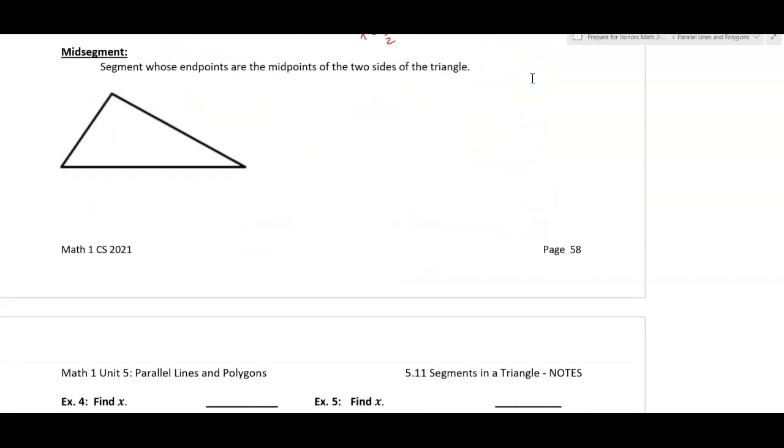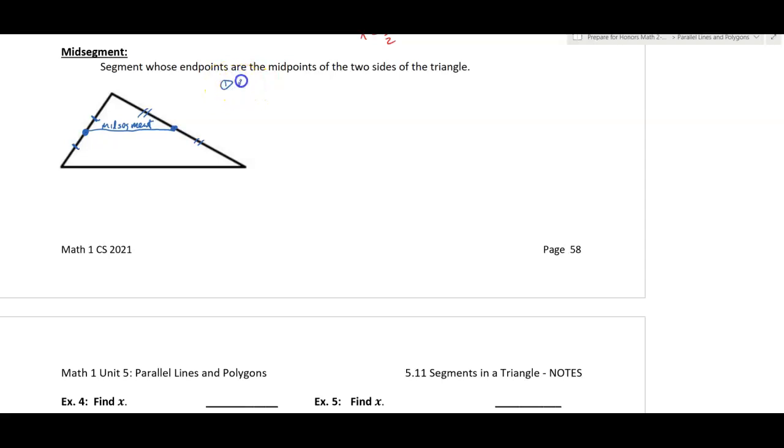Now a midsegment is a segment whose endpoints are the midpoints of two sides of a triangle. So if I find the midpoint of this side and I find the midpoint of this side, and I connect those, I get a midsegment. So this here is the midsegment. Now notice two things happen here.